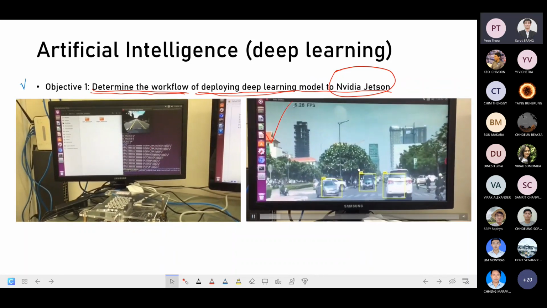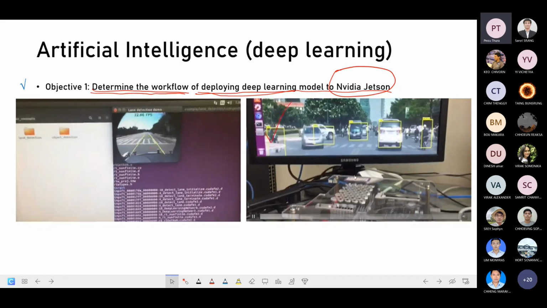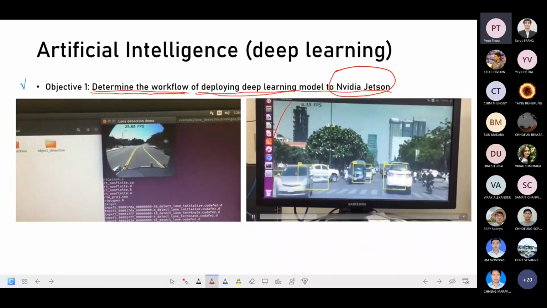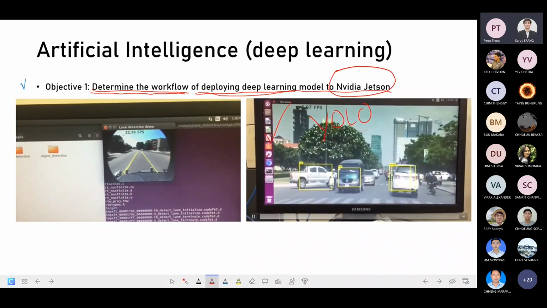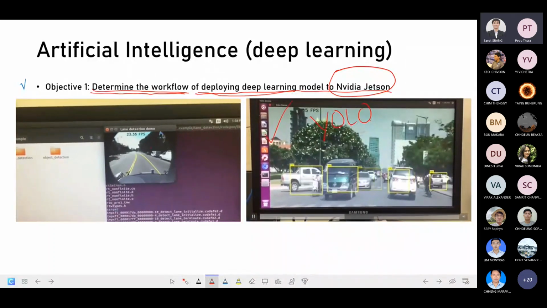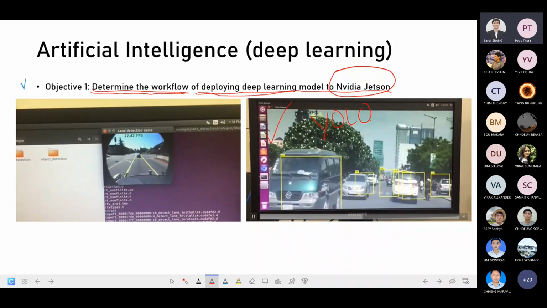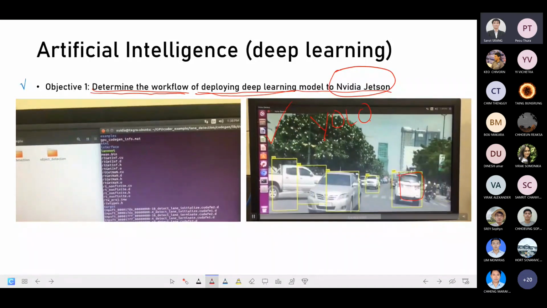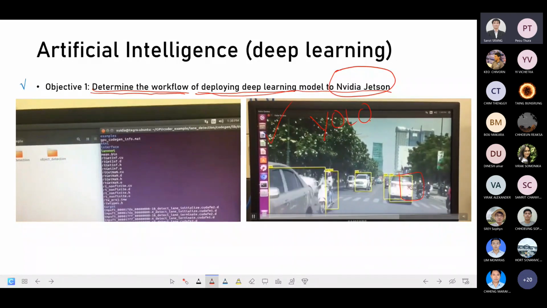Deep learning algorithm. It's object detection. YOLO means you only look once. Only look once, then it can recognize the object and draw a bounding box. Drawing a bounding box means we will know the coordinate of the object inside the box.